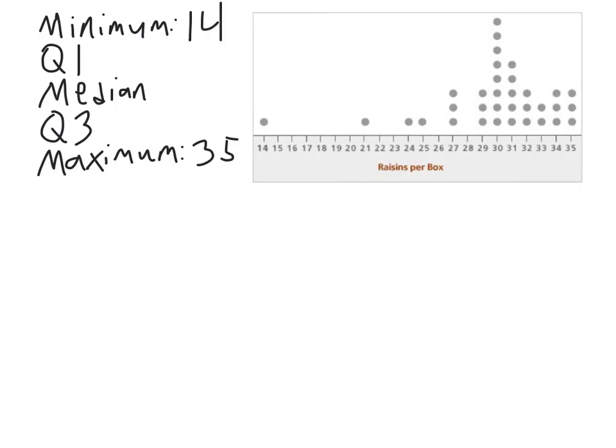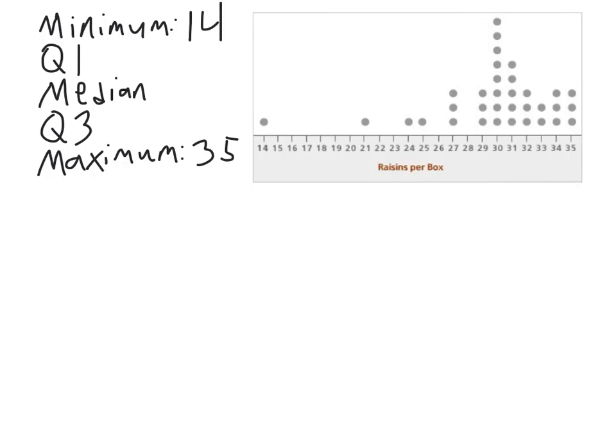It's the middle number. So first count how many dots there are. Now here I count 34 dots. The issue with that, though, is that for the median, 34 is an even number, so that means there's no middle number. So you take the 2 numbers closest to the middle and find the average.